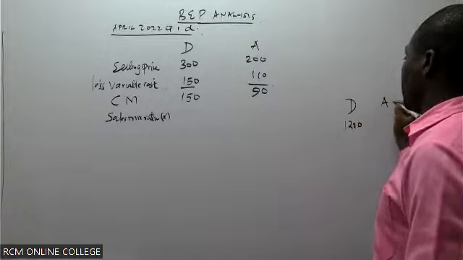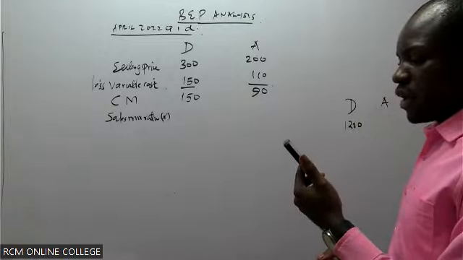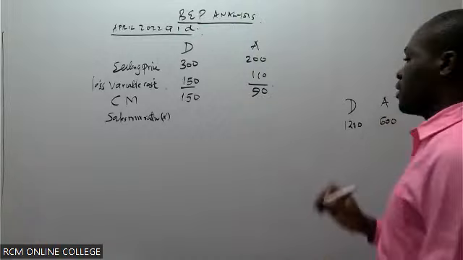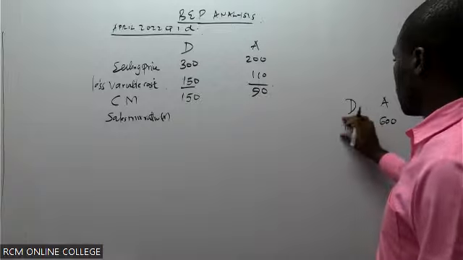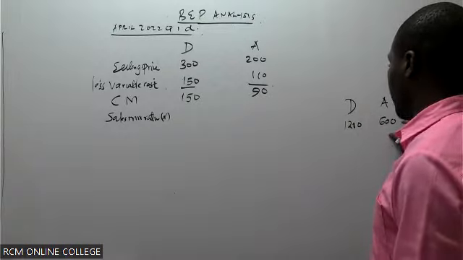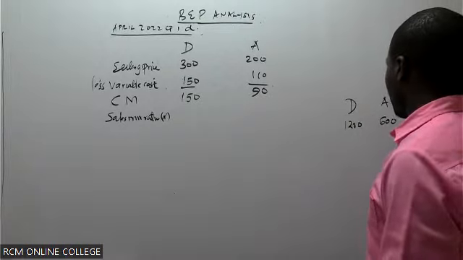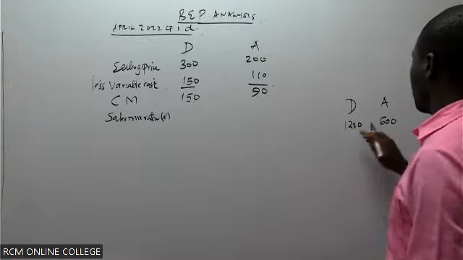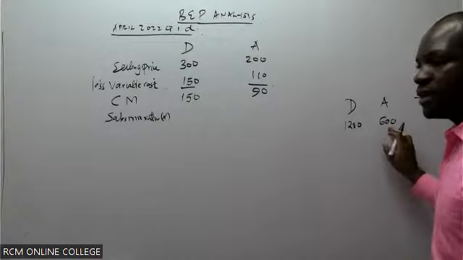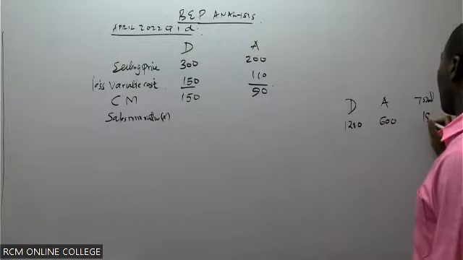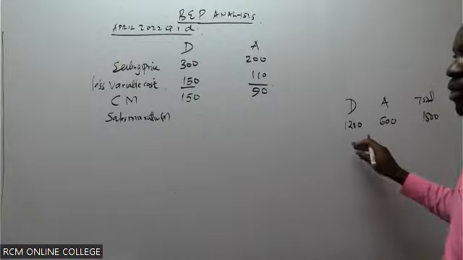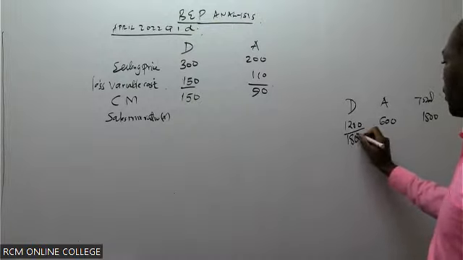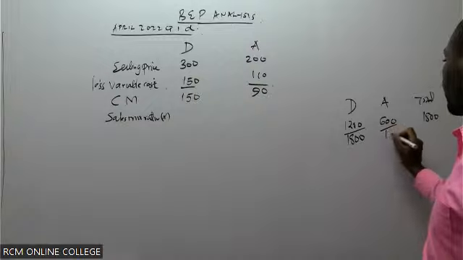For product A, the company has projected sales of 600 units. The total number of units is 1,200 plus 600, which gives us 1,800. Of the total, D has 1,200 and A has 600.